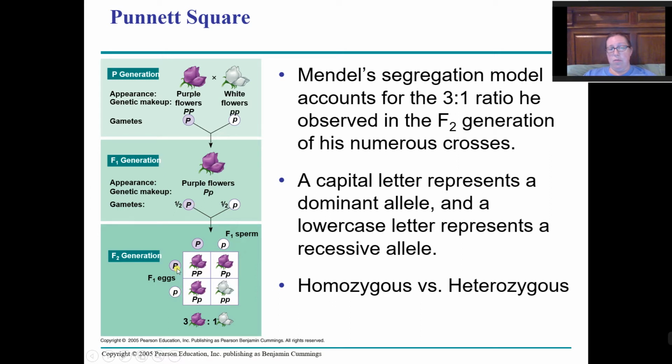When you cross them, you simply are multiplying. So if I take big P and multiply it with big P, I get big P, big P, or homozygous dominant purple. Then I bring my P over and my little p down, and I get purple in terms of phenotype, but my genotype is big P, little p.